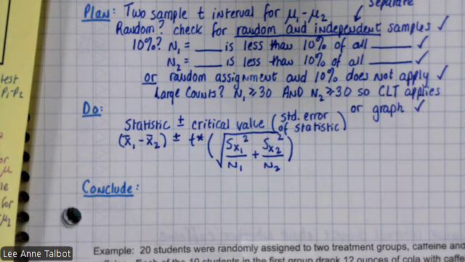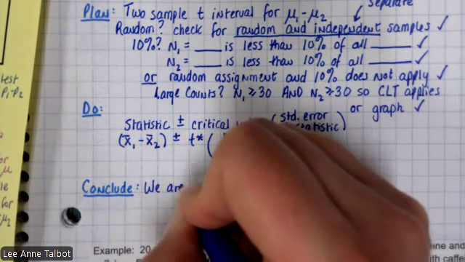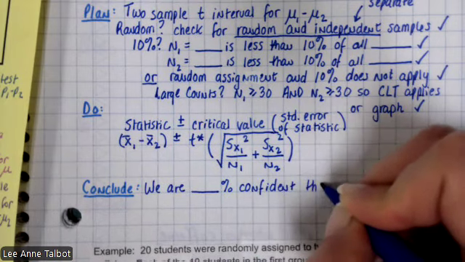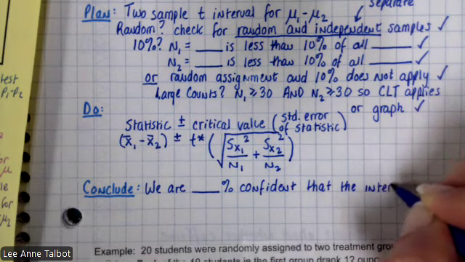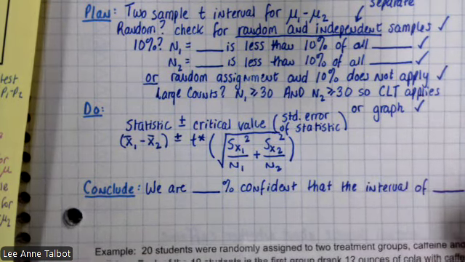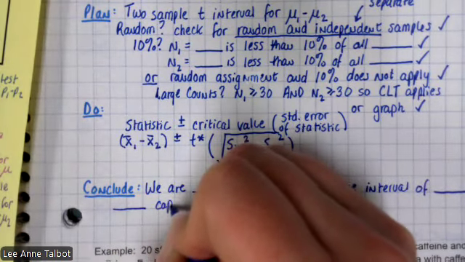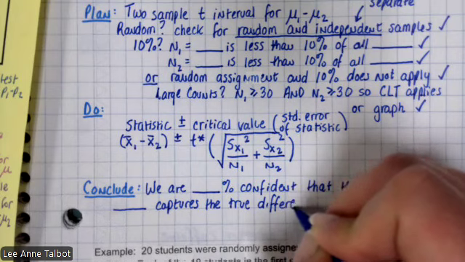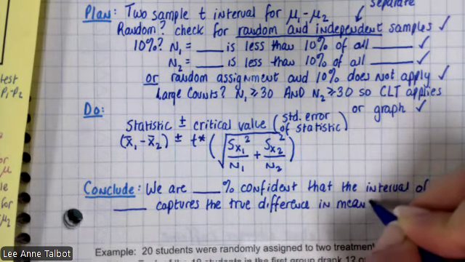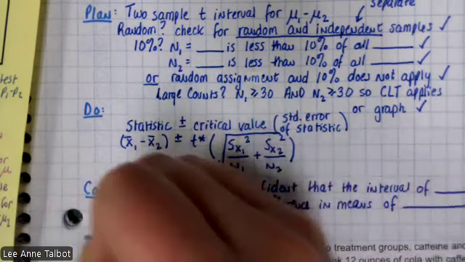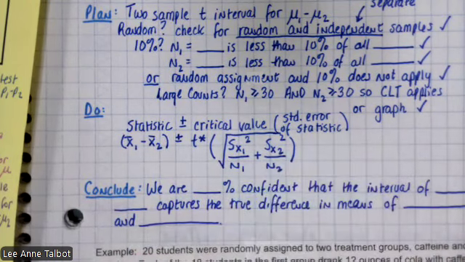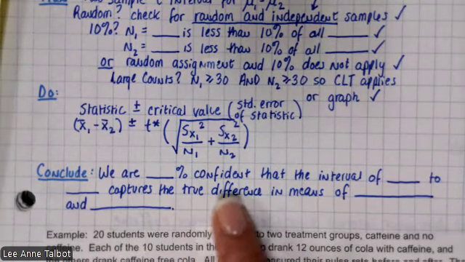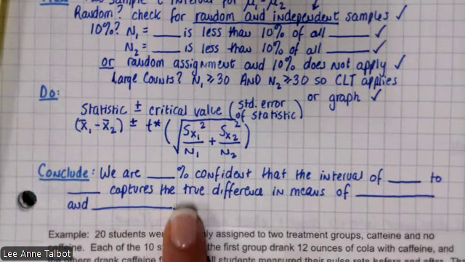Include: we are blank percent confident that the interval of blank to blank captures the true difference in means of whatever your first thing is and whatever your second thing is.